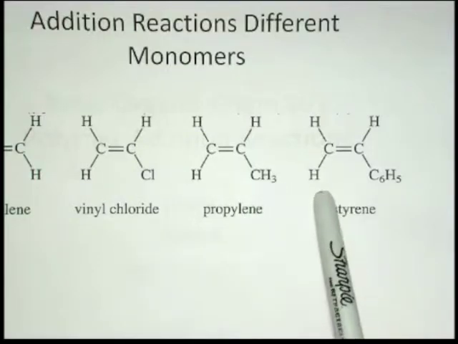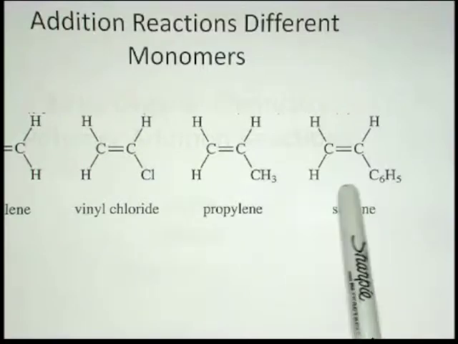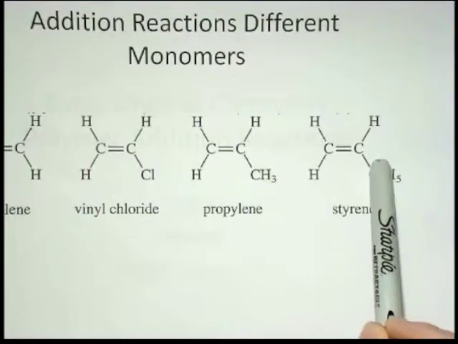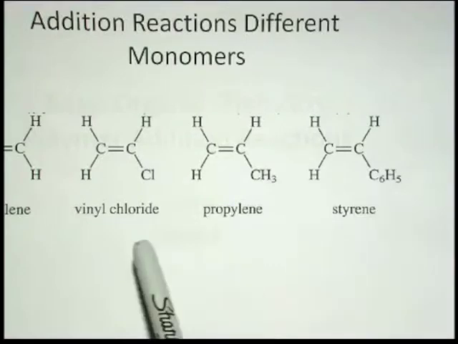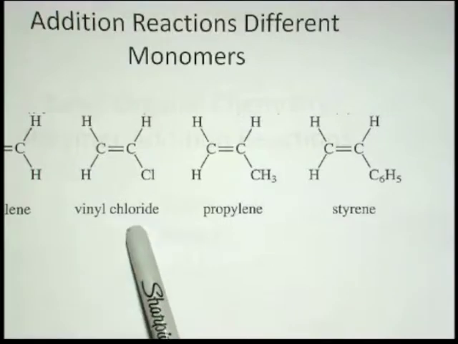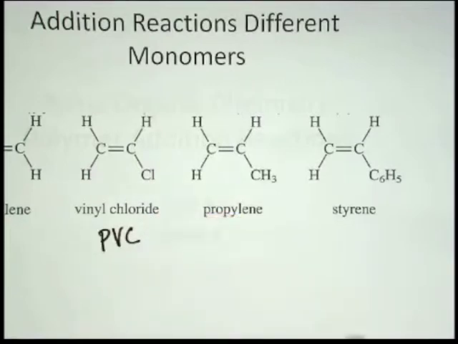And here, this one's called styrene. It looks very much like ethylene, except a phenyl group has been substituted out for the hydrogen. Polymers made of vinyl chloride are called polyvinyl chloride, or you've probably heard it more familiarly with the abbreviation PVC.